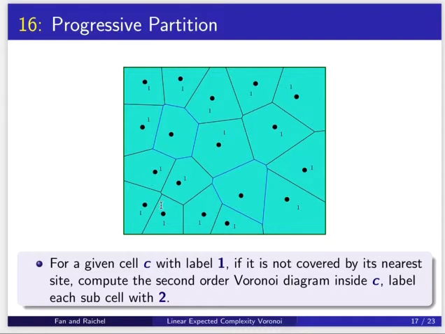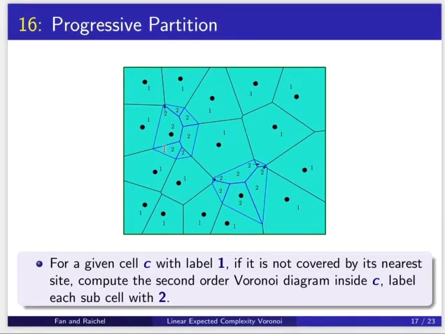Then, for a given cell C with label 1, for example a cell with blue boundary, if it is not covered by its nearest set, then we compute the second order Voronoi diagram in C and label each subcell with label 2.